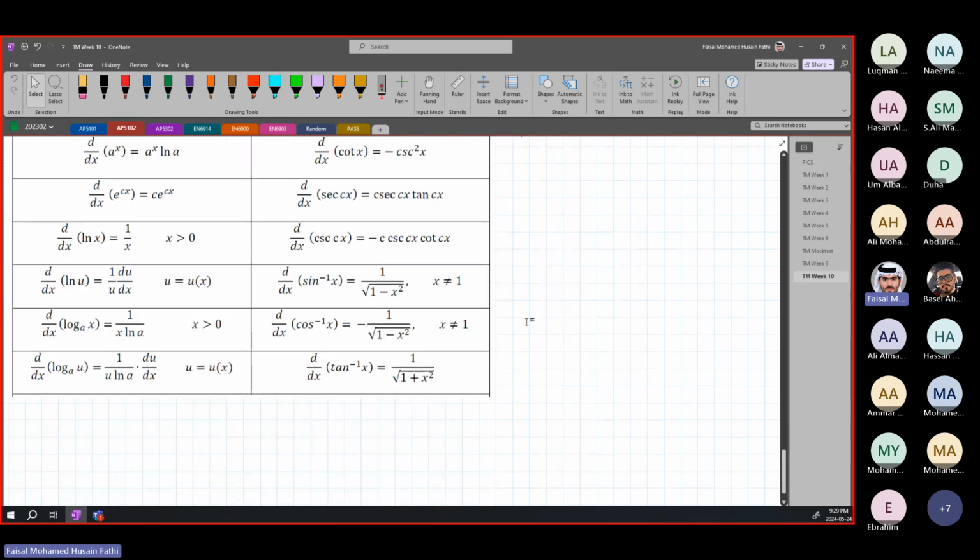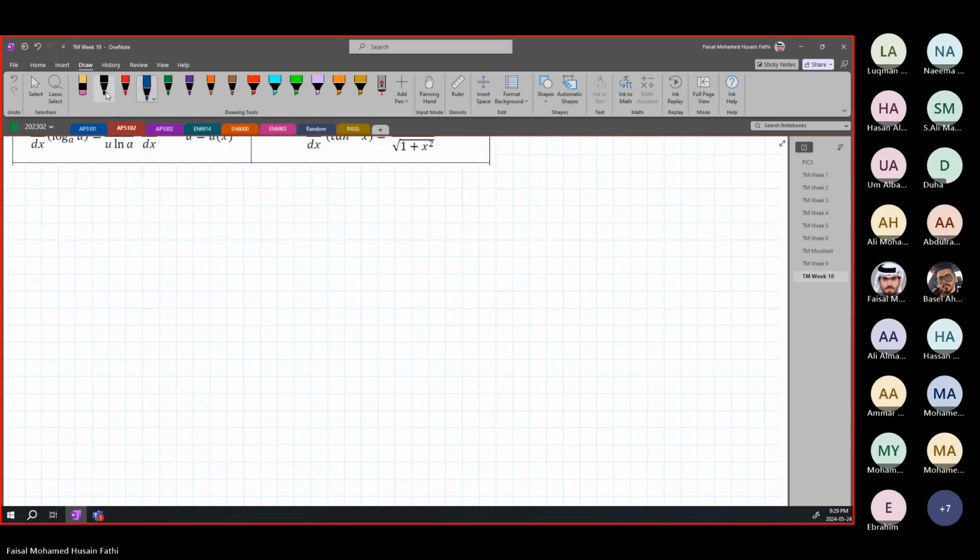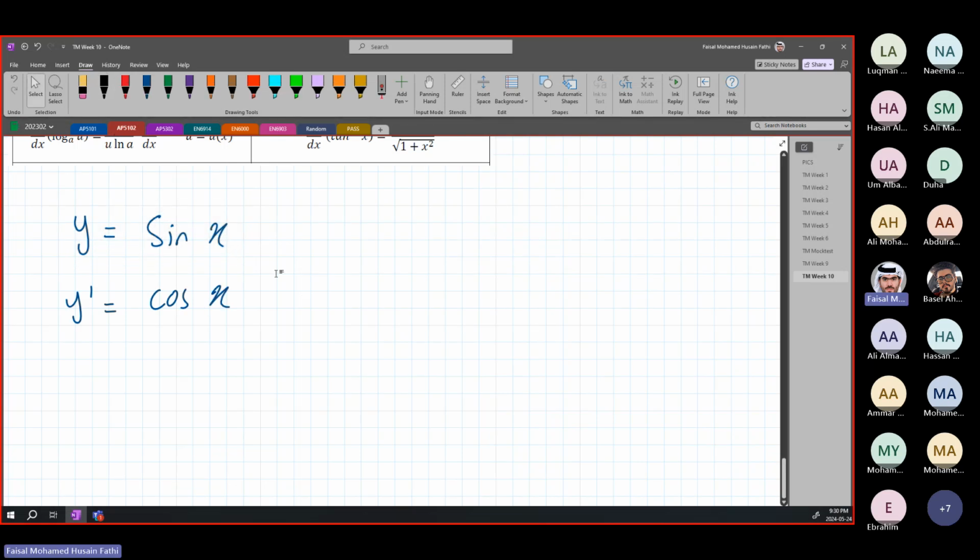So let's start with the simplest form. Let's start with sine of x. So let's say y is equal to sine of x. Okay, if y is equal to sine of x, that means y prime is going to be equal to cosine of x. Very simple. So when you have sine, it is going to go to cosine.